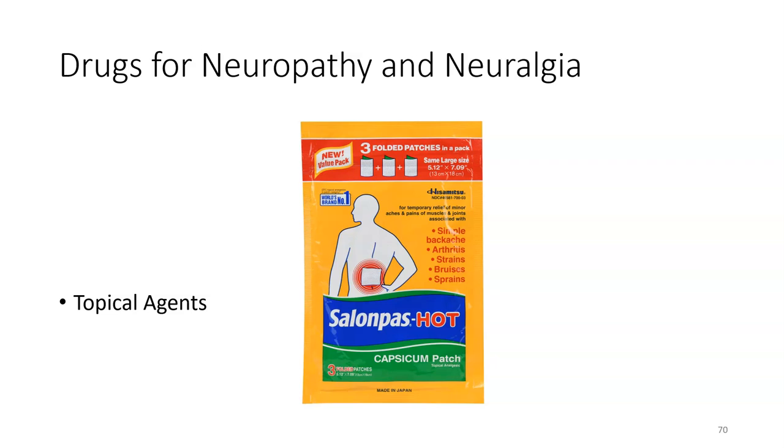So it could be a topical prescription, irritant anesthesia, or something over the counter like capsaicin that we see here on the Salonpas hot. Prescription, it would be something like Lidoderm, which is a transdermal patch, lidocaine.